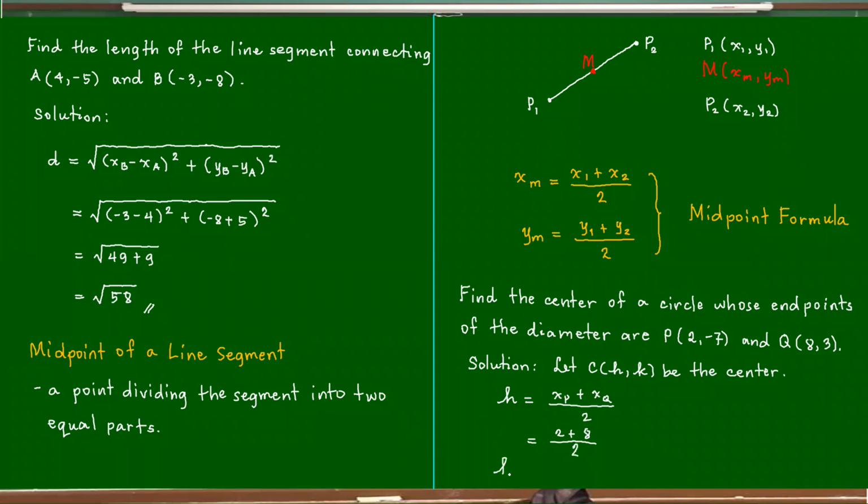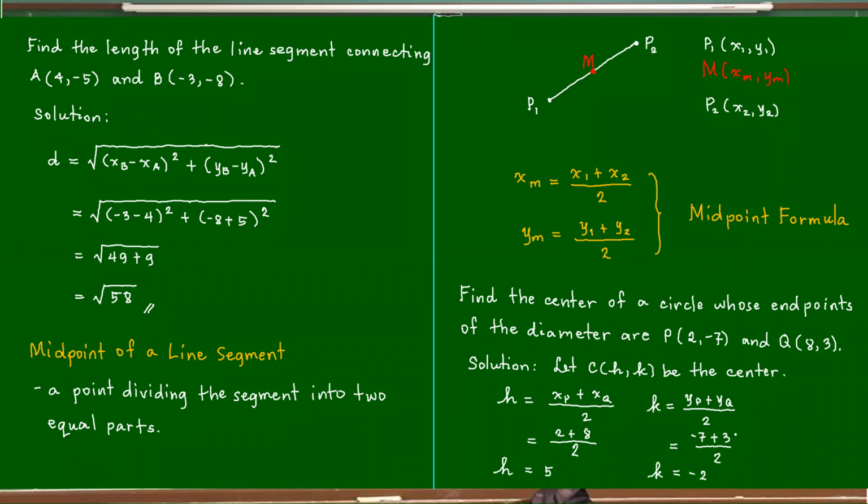What is H, guys? Sir, 5. What about K? K is equal to y sub P plus y sub Q, all over 2, giving negative 7 plus 3, all over 2. And that is negative 2.